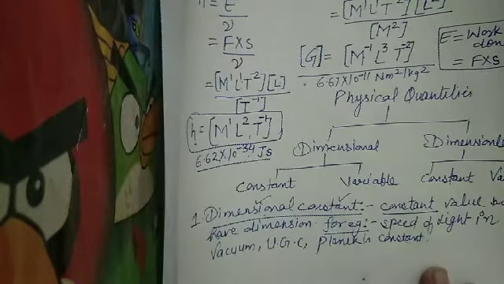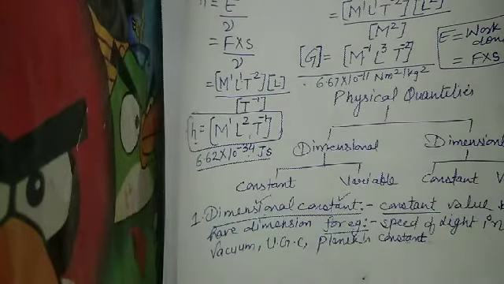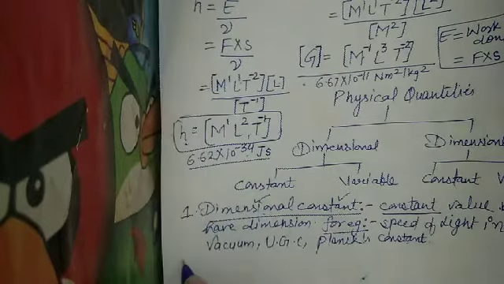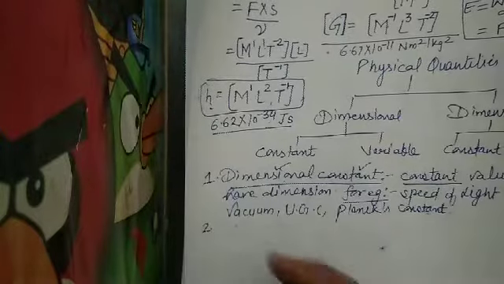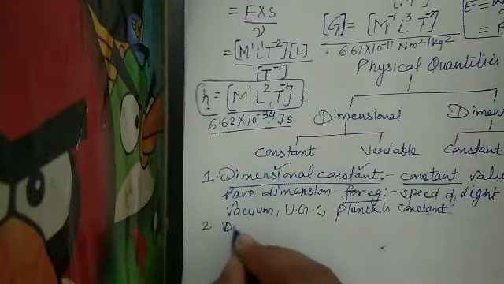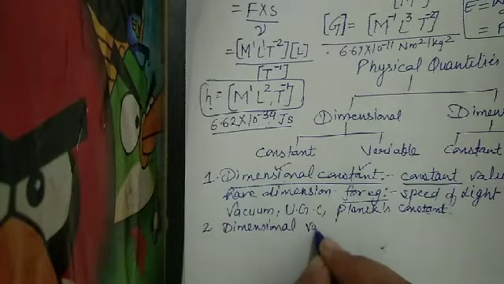You will go through more in class 11, like the Rydberg constant, Boltzmann constant, and gas constant, but these 3 you have to go through right now. The second one is dimensional variable. Means what?